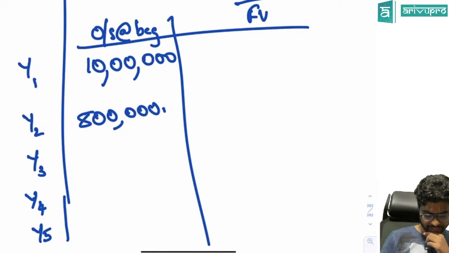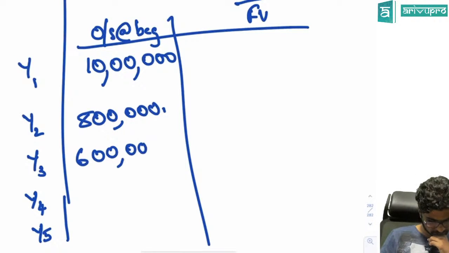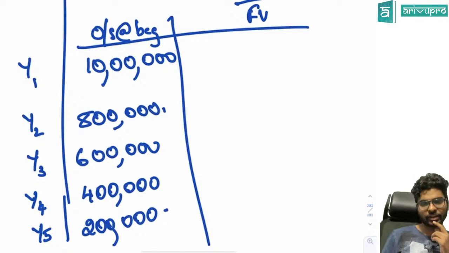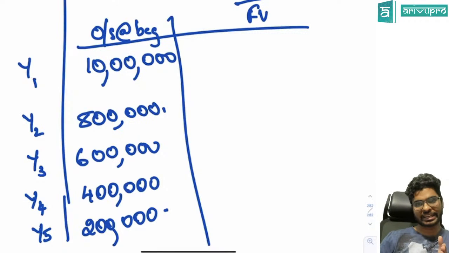So the second year will be 8, third year will be 6, fourth year 4, and in the final year you are left with an opening balance of 2 lakhs. Are you clear? So every year end you're going to be paying off 2 lakh rupees. Are you guys clear with this?